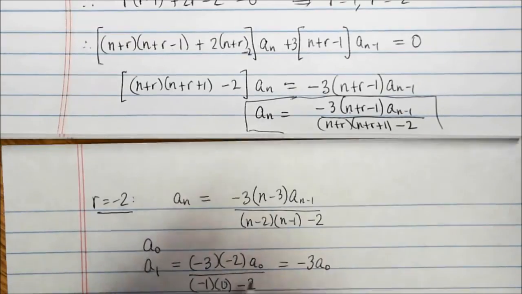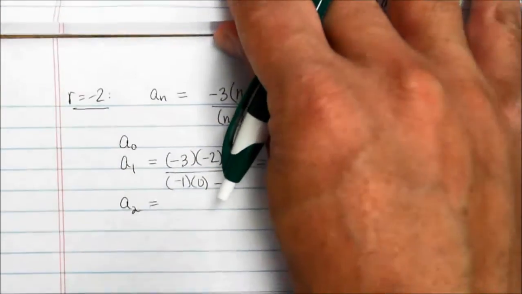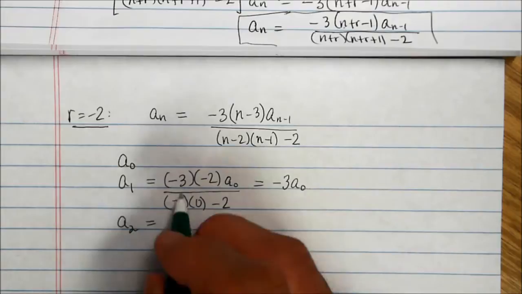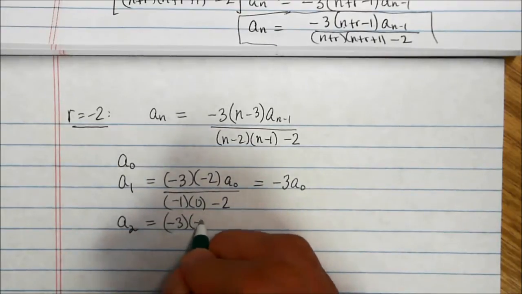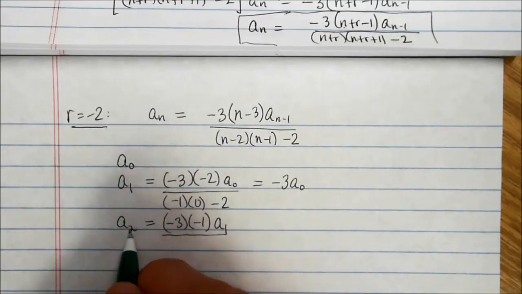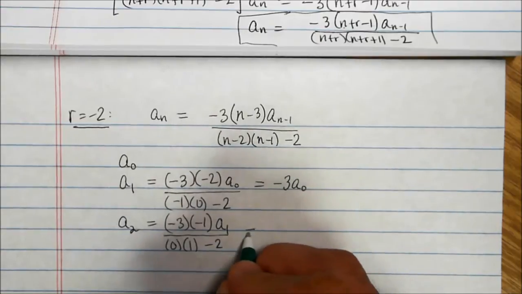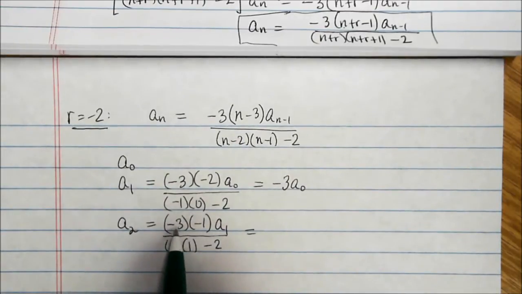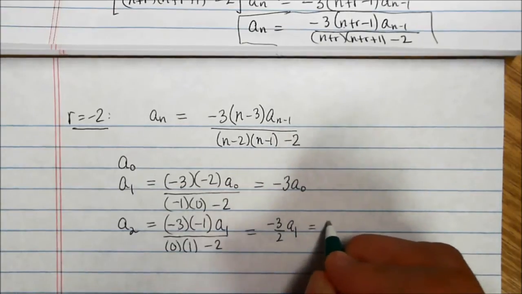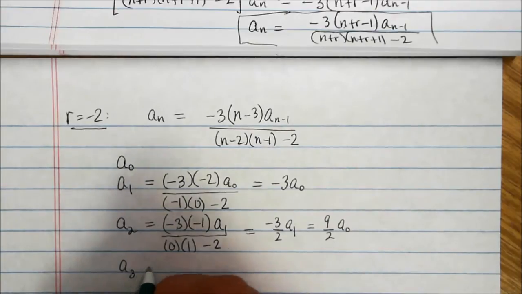A sub 2, plugging in 2, we get negative 3 times negative 1 times a sub 1 over, plugging in 2, 0 times 1 times negative 2. So the practical upshot is that I get negative 3 halves a sub 1, which becomes 9 halves a sub 0. But look what happens at n equals 3.